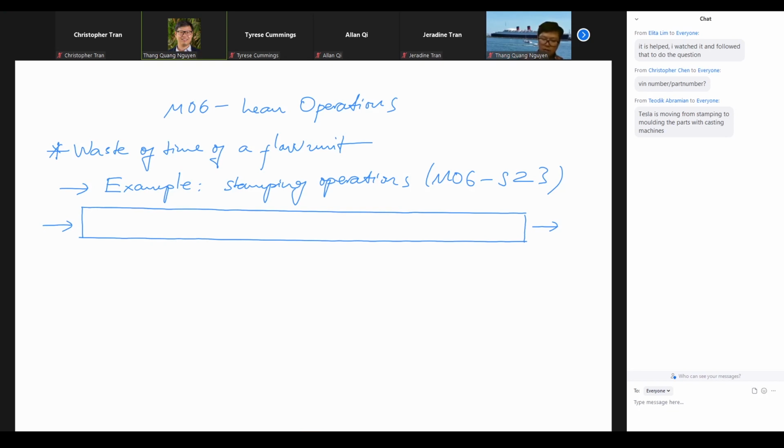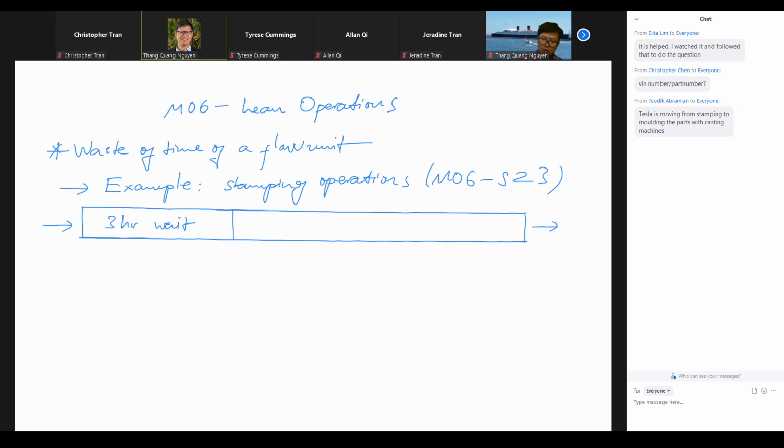So if we track the piece of metal, then first of all, it stays for 3 hours of wait right here. That's the 3 hours waiting in front of the stamping machine for the batch to start. So even the batch has not started yet.